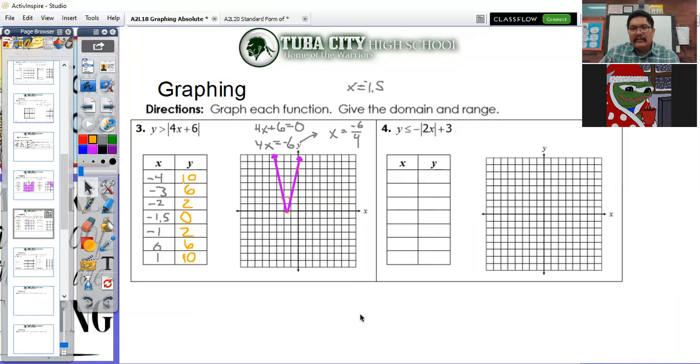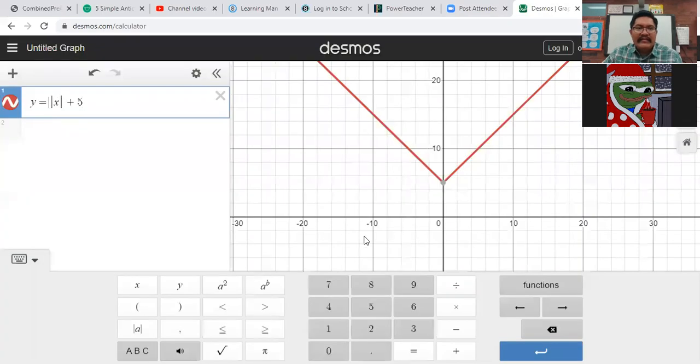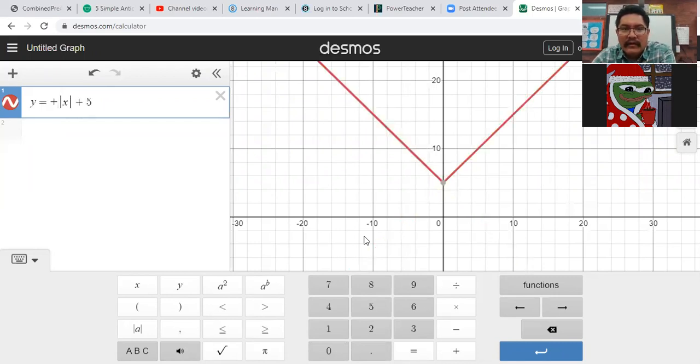Okay, so let's go ahead and move on to the next one. And this one here, before we even started, I'm going to point out that we have a negative on the outside. And anytime you have a negative on the outside, that has the effect of mirroring along the x-axis, what we call reflection about the x-axis.